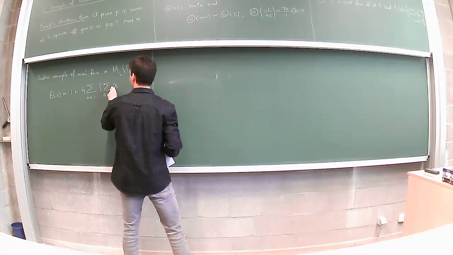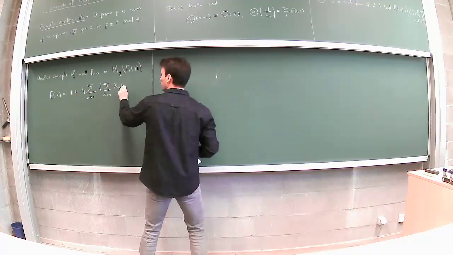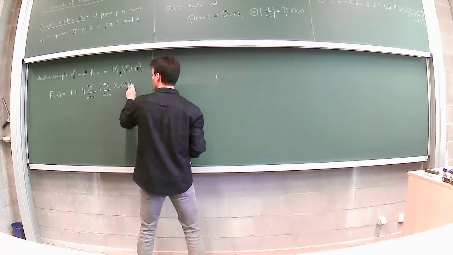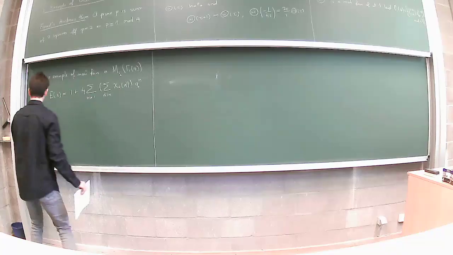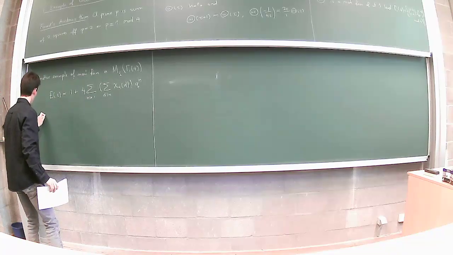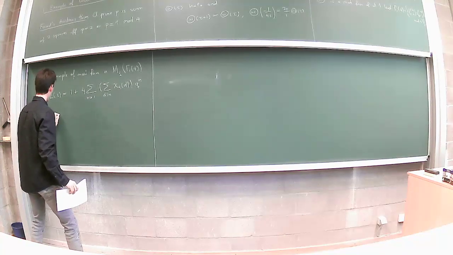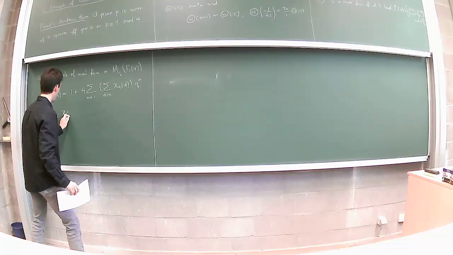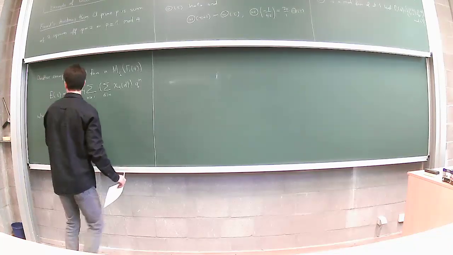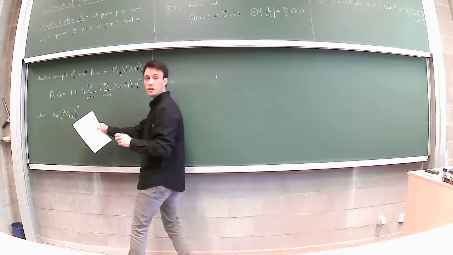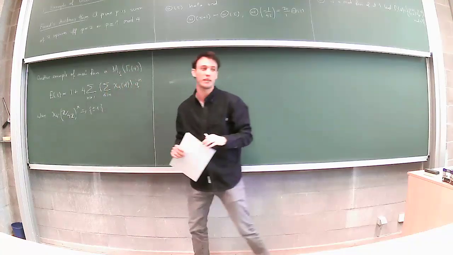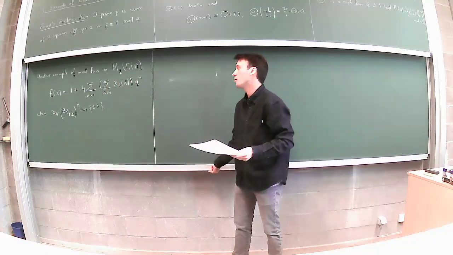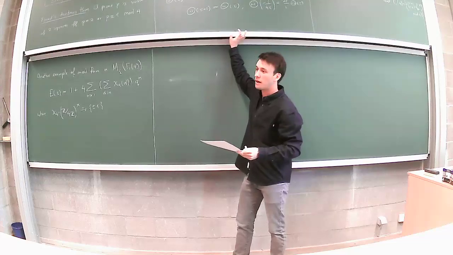You sum over the divisors of n of chi4 of the divisor, times q to the n, where chi4 is a character that gives an isomorphism between (Z mod 4Z) star and plus and minus 1. So this is another example of a modular form.